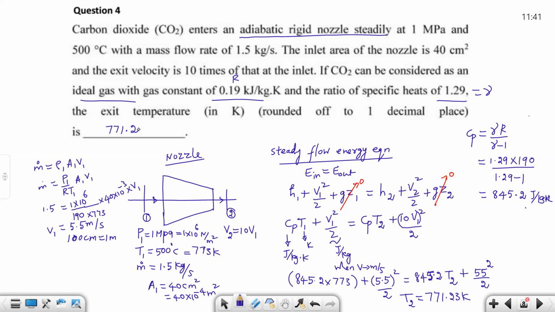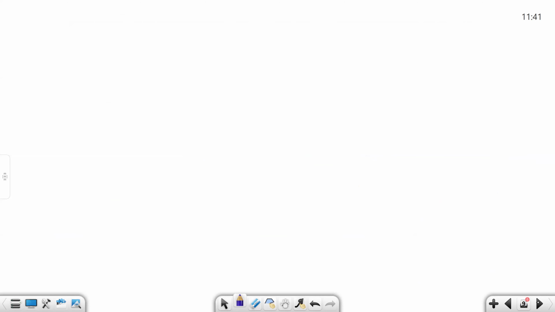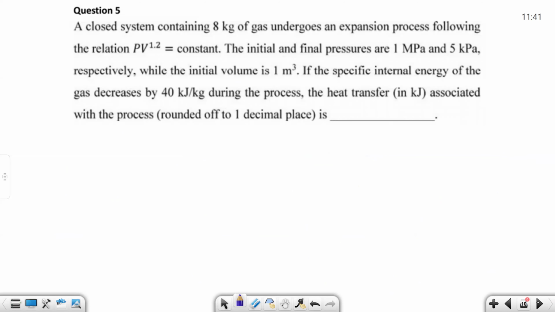Now we will move to the next question. A closed system containing a mass of 8 kg of gas undergoes an expansion process, so the work is outward.